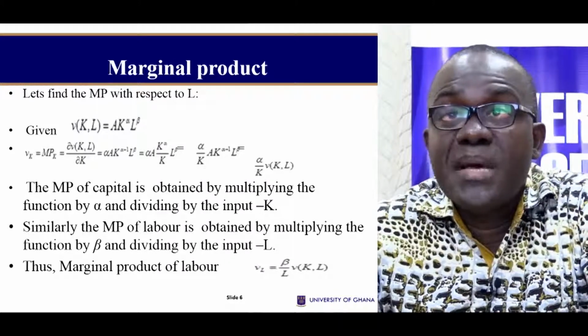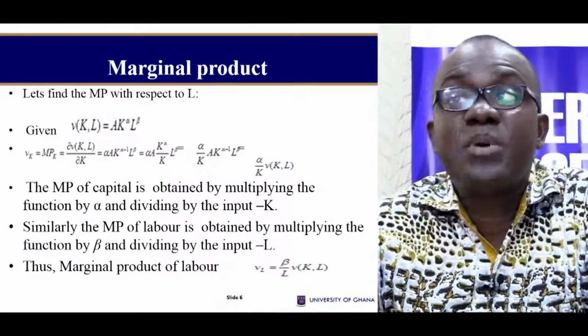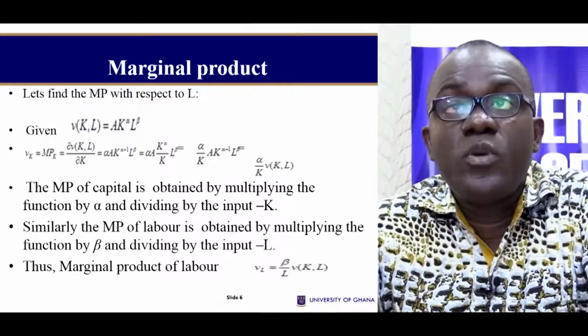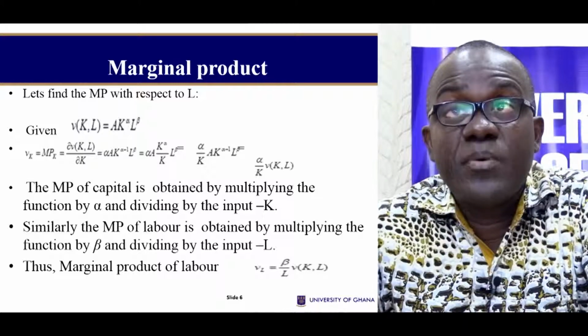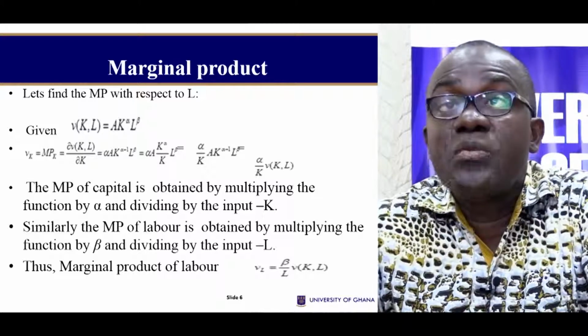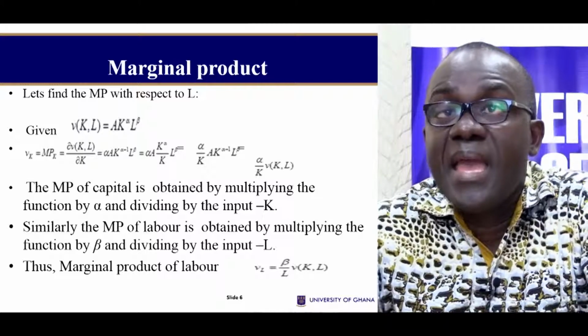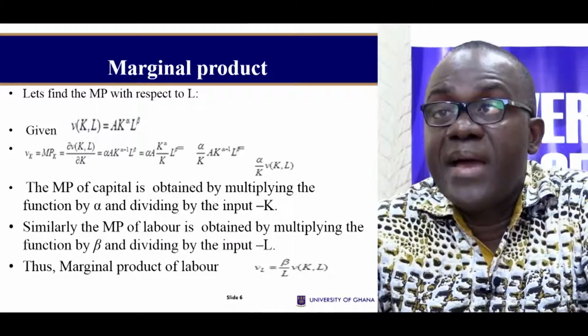So the marginal product of capital is obtained by just multiplying the function by alpha and dividing by K. If you want the marginal product with respect to K, you just multiply the same function by alpha over K, and then you are fine.